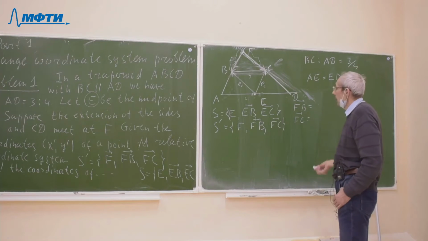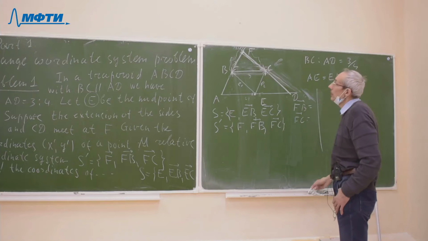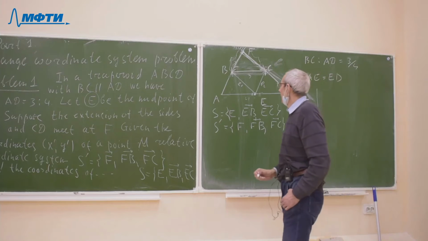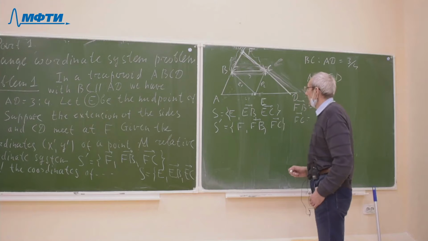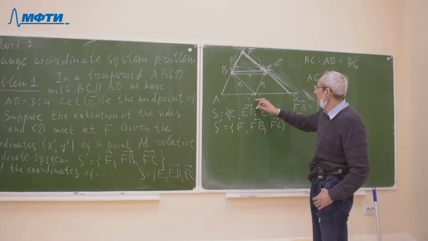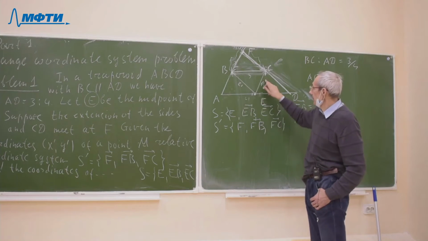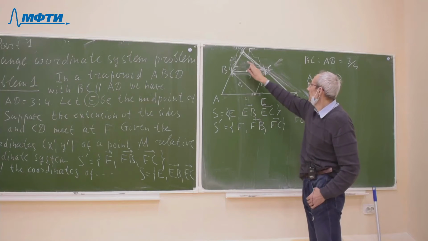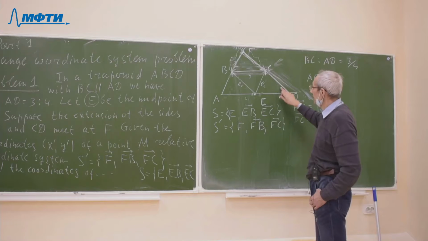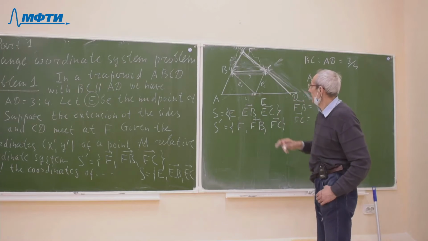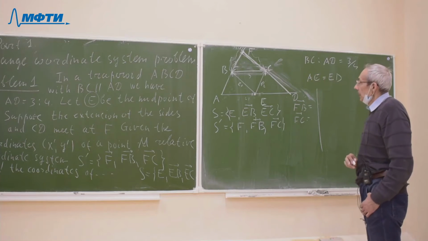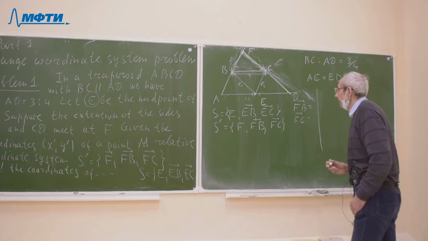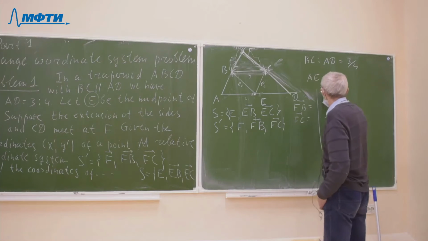We can try to solve the problem in two steps. First of all, express this vector in terms of this coordinate system, and second, express this vector in terms of this and this. The first step.